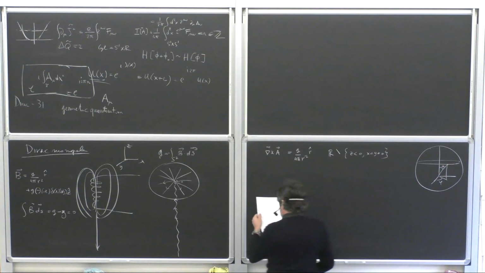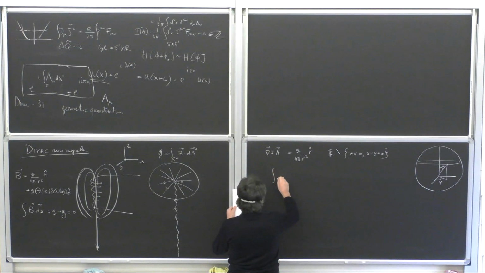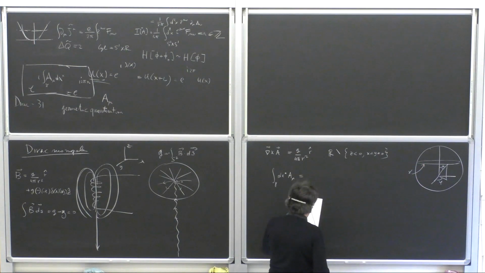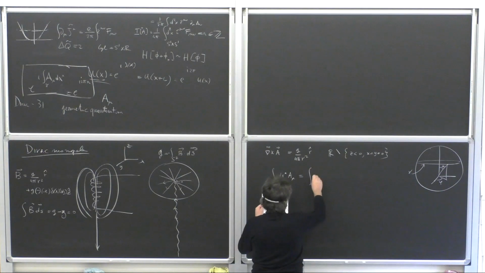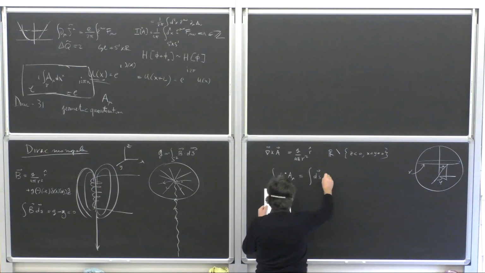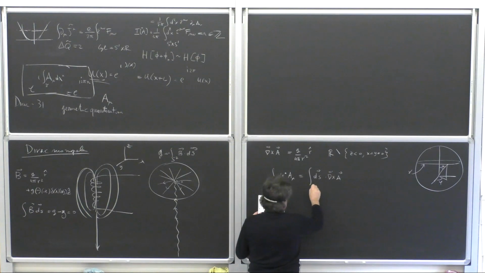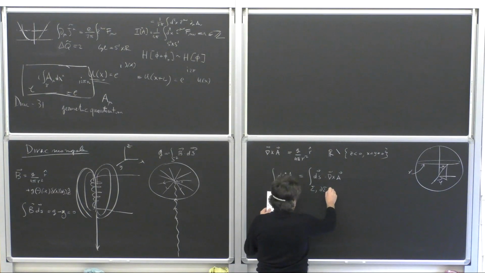I'm going to compute the integral of dx mu A mu on this parallel gamma. So this is going to be the integral of dS of A on a surface sigma such that the boundary of sigma is equal to gamma.